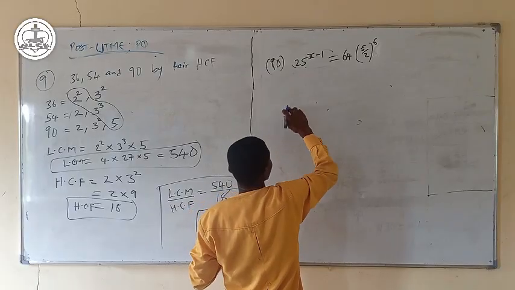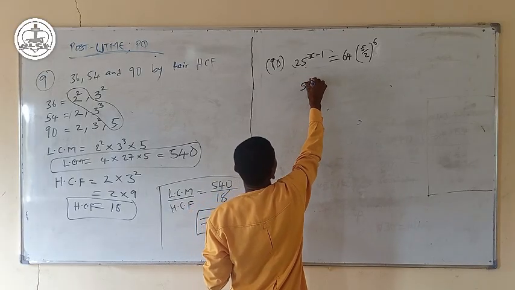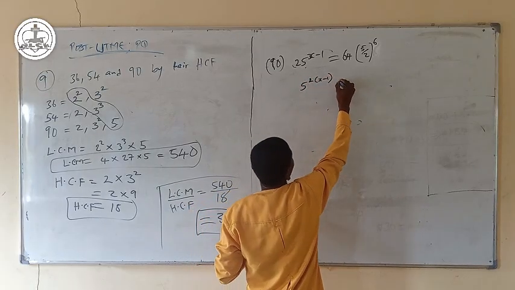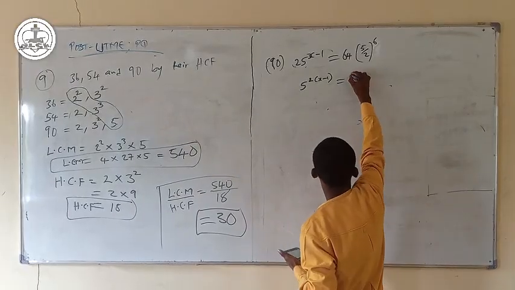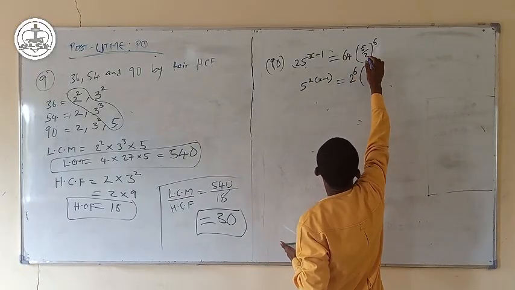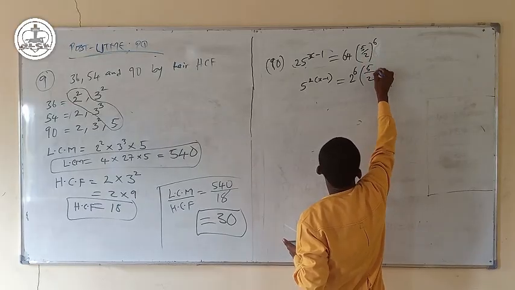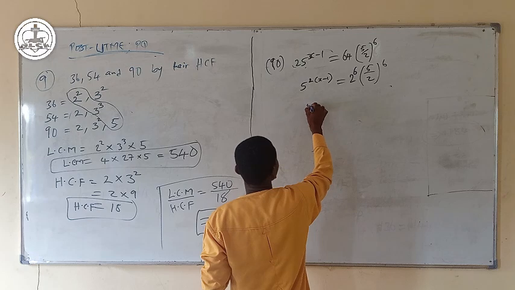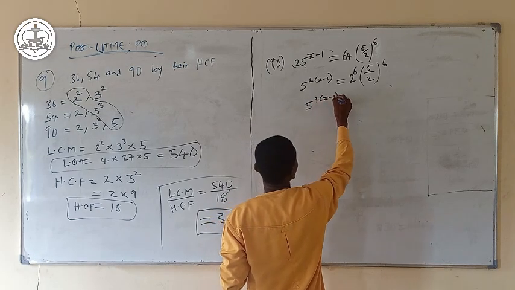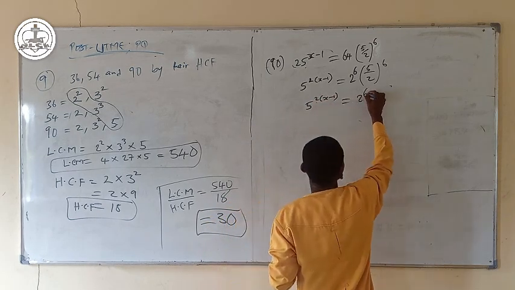We can reduce this 25 to be 5 raised to the power of 2x minus 1 to be equal to our 64, which can be broken down to 2 raised to the power of 6, and we have 5 over 2 raised to the power of 6. So what do we have here?